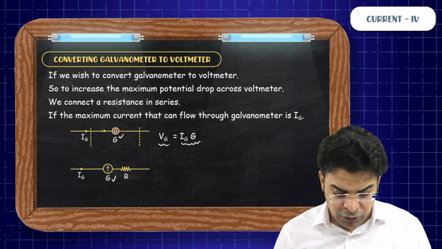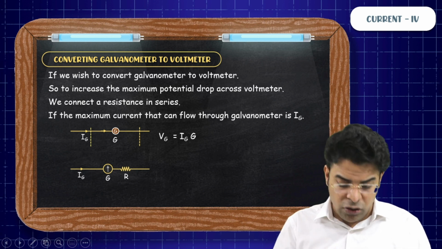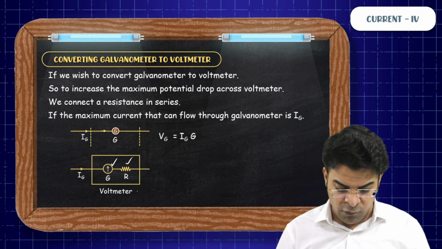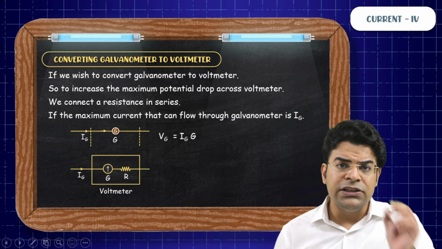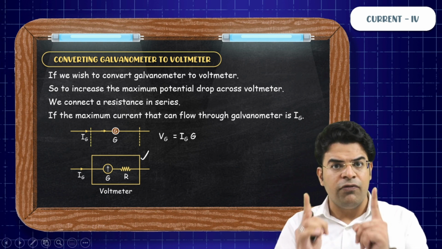So this is galvanometer and we have placed a series resistance R, and we call the combination of this galvanometer and series resistance to be our voltmeter. Now as you have placed one more resistance in series, the potential drop across the voltmeter will be higher.